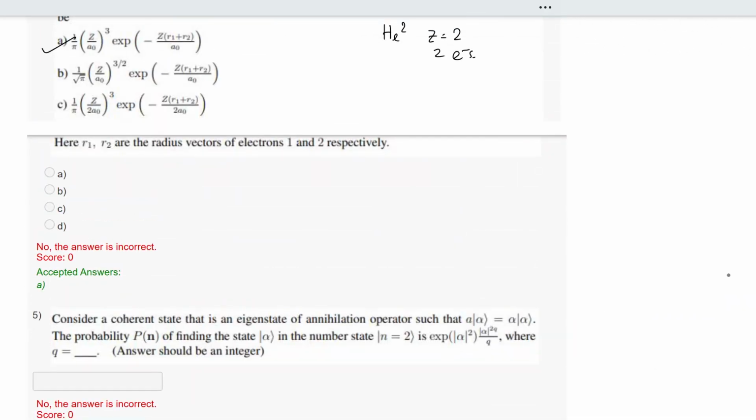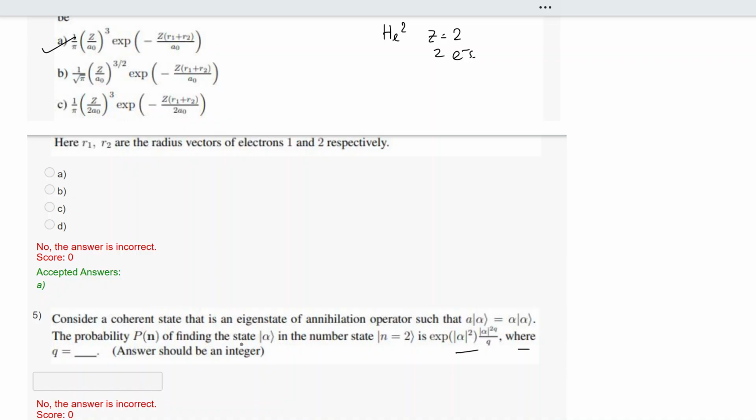It says consider a coherent state that is an eigenstate of the annihilation operator, such that the annihilation operator A operating on the state alpha ket gives you alpha as eigenvalue and alpha ket back. So this is the eigenvalue equation for the annihilation operator A cap. Now the probability P of n of finding the state alpha in the number state n equal to 2 is this thing. Then you have to find out what is the value of q.